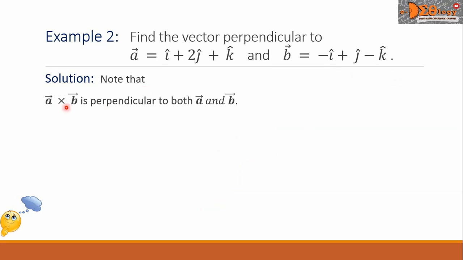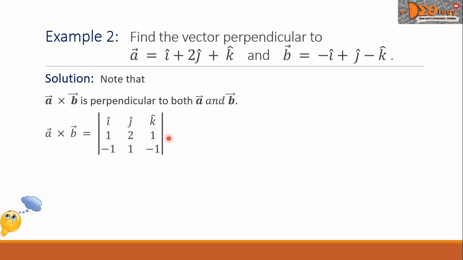We note that vector A times vector B is perpendicular to both vector A and vector B. So this problem is similar to finding the vector product of these two vectors. So we write vector A times vector B equals the 3 by 3 matrix. The first row is for the elements i, j, k respectively.